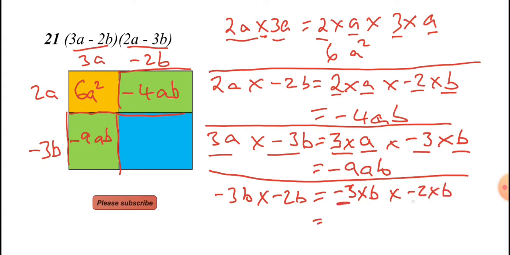So minus 3 times minus 2 is plus 6, and then b times b makes it b squared, so it's 6b squared, and it's going to be positive, so I'm going to write plus 6b squared.